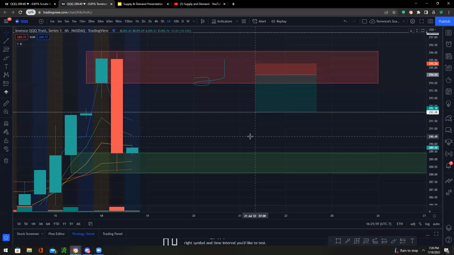Just because we come into one of these supply zones or demand zones does not mean you automatically, immediately buy calls or puts or any of that type of stuff. You don't do that. That's very, very important, because I unfortunately learned the hard way not to do that.